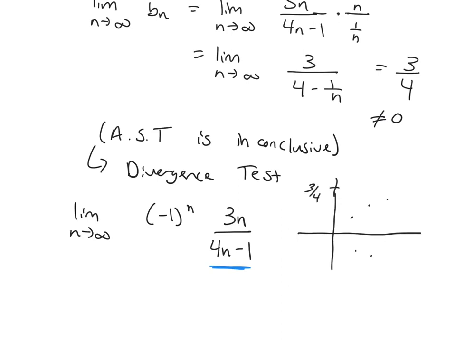So every other term wants to go to 3/4. But then all the negative terms want to go to negative 3/4. So the bounds are 3/4 and negative 3/4. We're trying to calculate this limit, so we're trying to see if these numbers get close to a certain number, right?